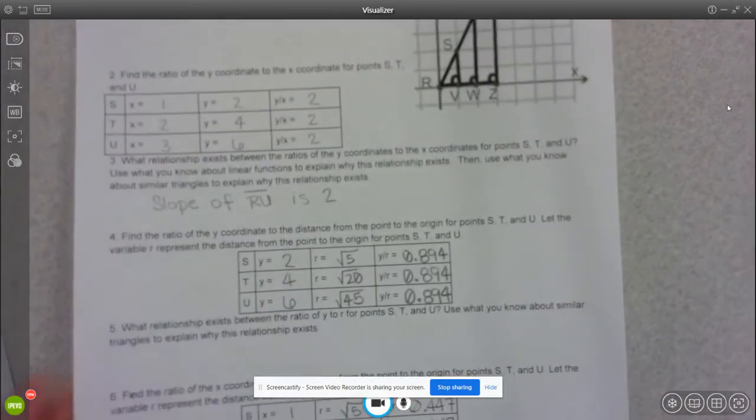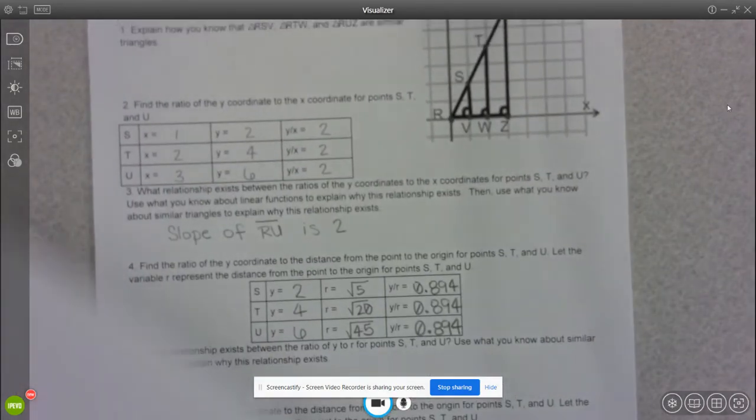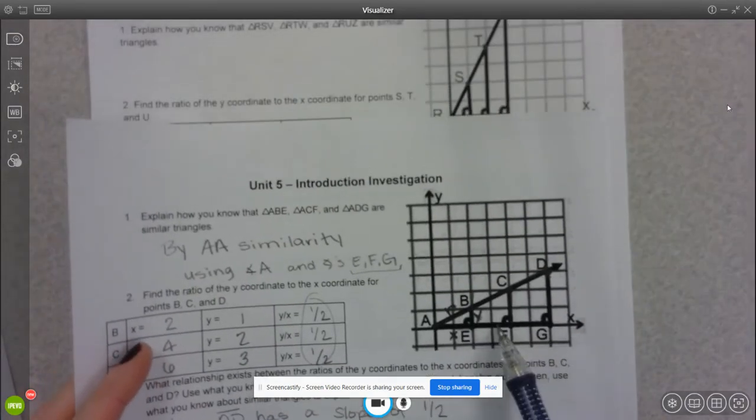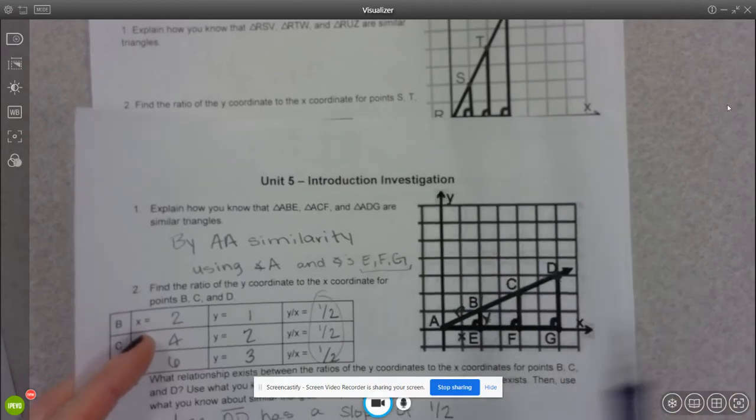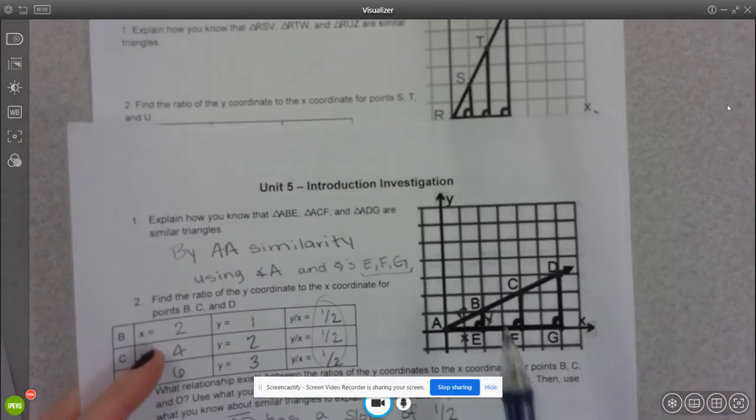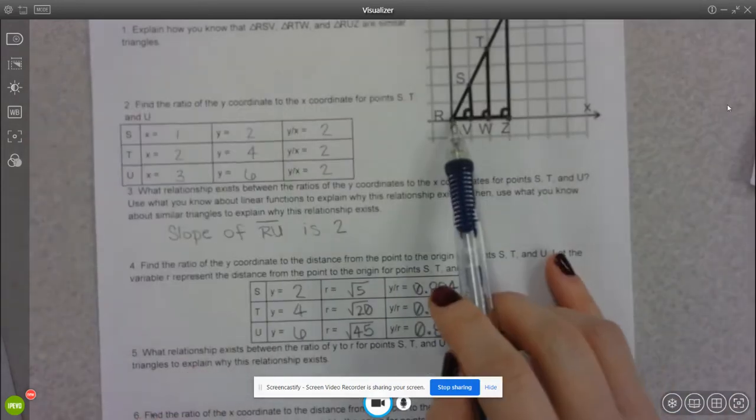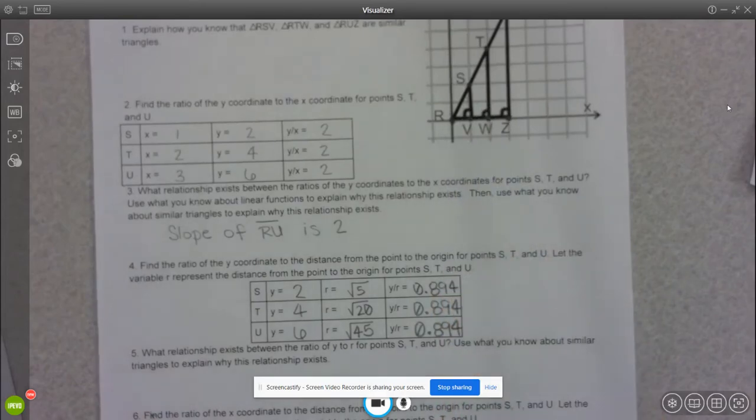And then this last one, it's actually the first one just flipped. So now instead of having a base of 2 and a height of 1, I have a base of 1 and a height of 2. So again, we have similar triangles.